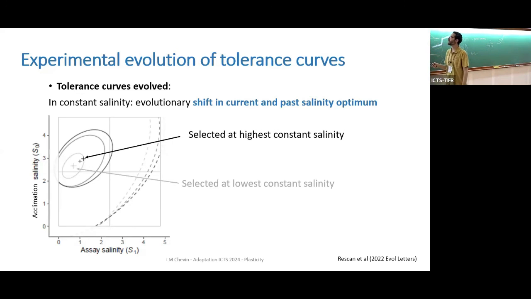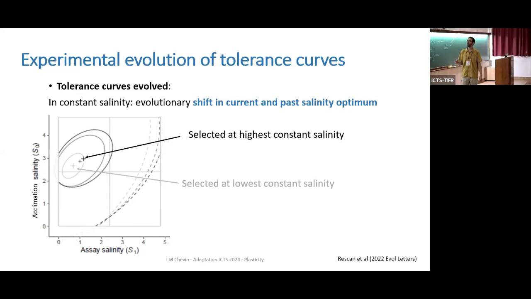We saw an effect of the constant treatment on the optimum salinity, but it wasn't very steep. The ones that evolved at low constant salinity had a lower optimum than the ones that evolved at high salinity. What I found interesting is that it evolved in both directions, not just in terms of how growth rate depends on where you are, but also in terms of how growth rate depends on where you just have been.